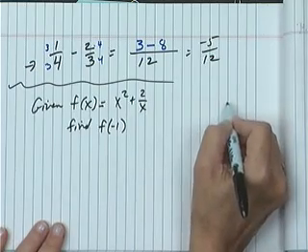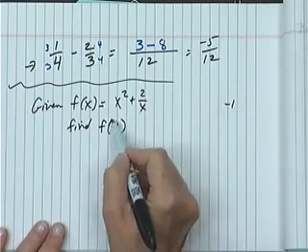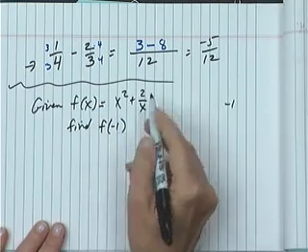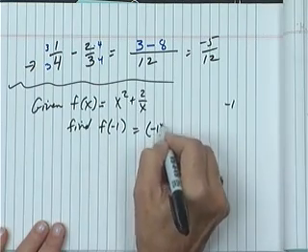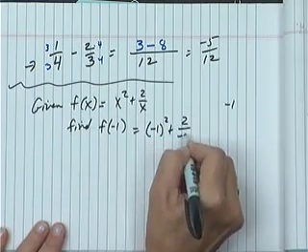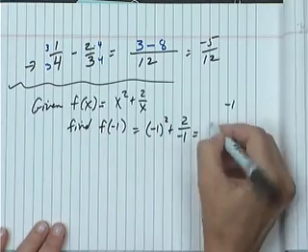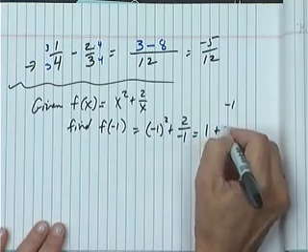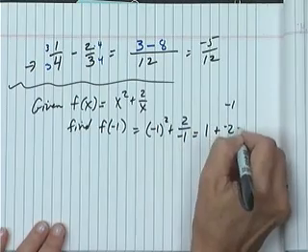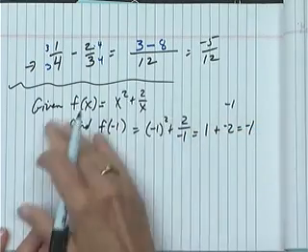What's the answer? Negative 1. What did everybody do? Replace the x with negative 1. And you get negative 1 squared plus 2 over negative 1. Negative 1 squared is positive 1, plus 2 over negative 1 is a minus 2, and you got negative 1.